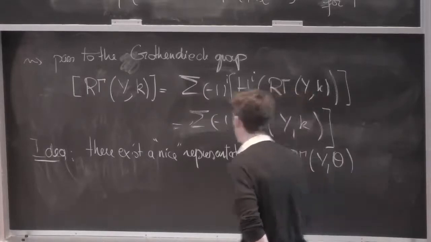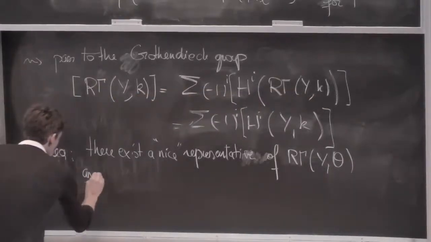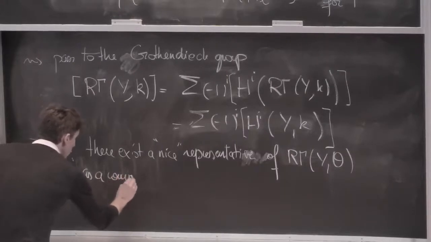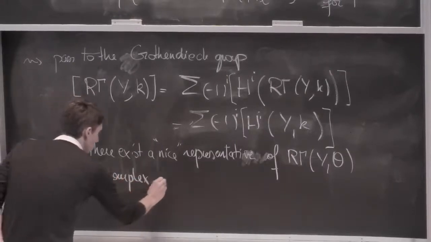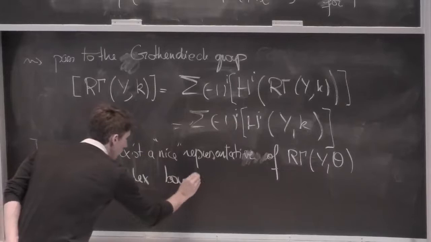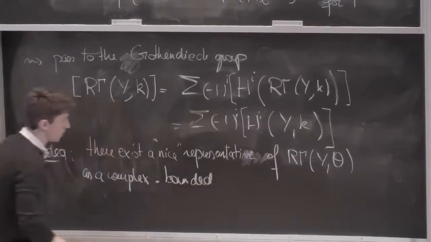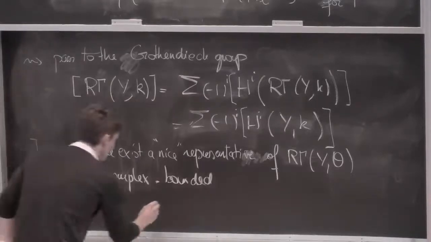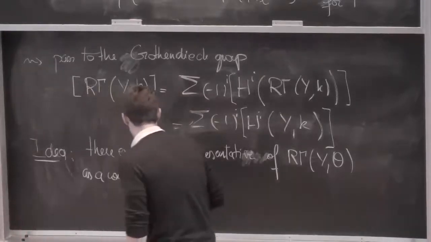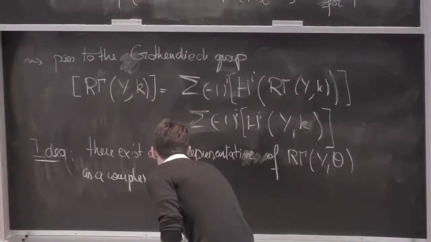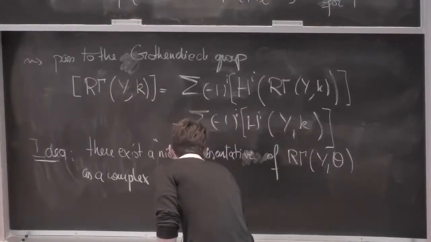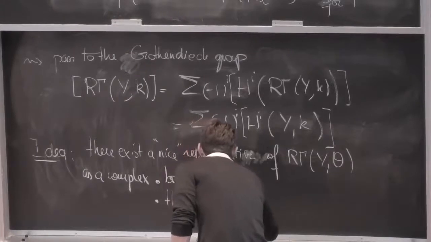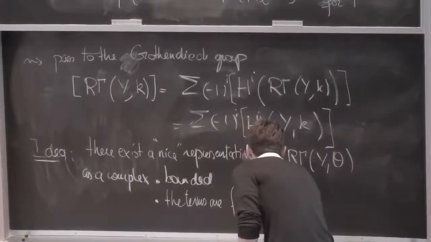Let's say over O, as a complex which is bounded. So you have only finitely many terms when you write your complex. This is a little bit what I wrote here. And also it has projective terms, and the terms are finitely generated projective modules.